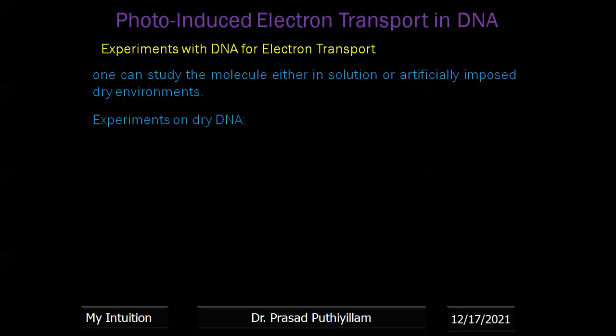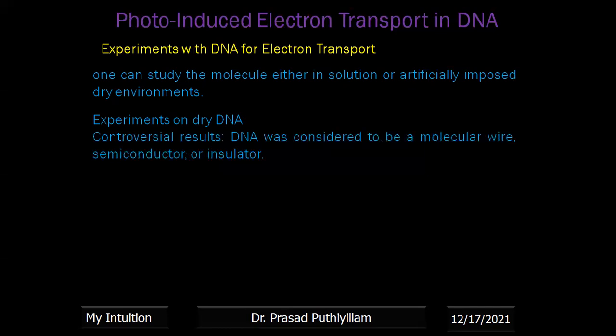In dry DNA, direct conductivity measurements have already been done, but they give controversial results. Some say that DNA is a molecular wire, a semiconductor, or an insulator. These controversial results are due to the fact that the experiments were not done in a well-controlled way, or we are still lacking experimental control over studies on DNA.